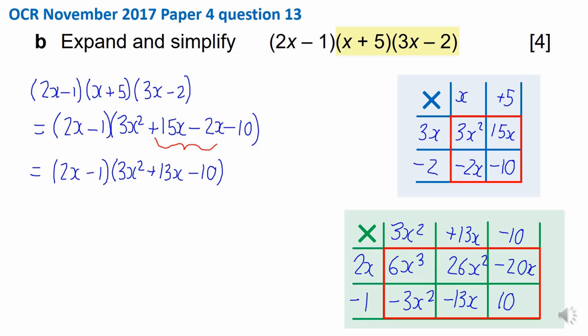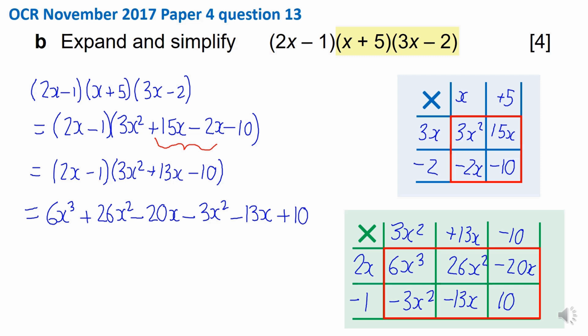So we can write out all of these 6 terms on the left. So equals 6x cubed plus 26x squared minus 20x minus 3x squared minus 13x plus 10. We simplify now. There is only one x cubed term, so we can just write 6x cubed.